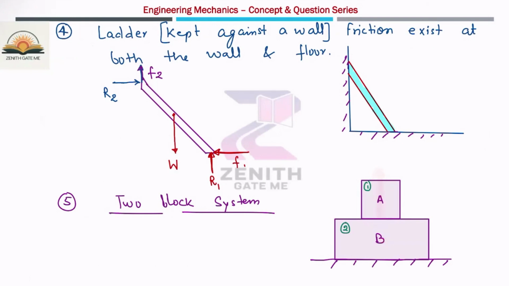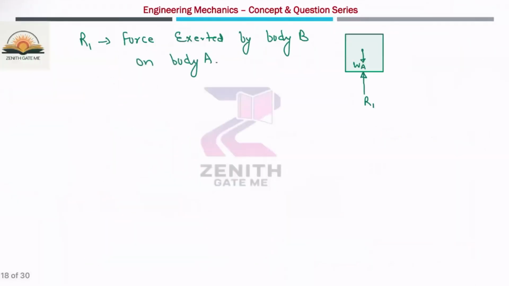And the same force will be experienced by block B due to block A, because this is Newton's third law. Now, this is the free body diagram of block A. If you write the summation of forces in the y direction, WA is equal to R1. That means the reaction acting at the surface of contact between blocks A and B is nothing but WA, the weight of the block.